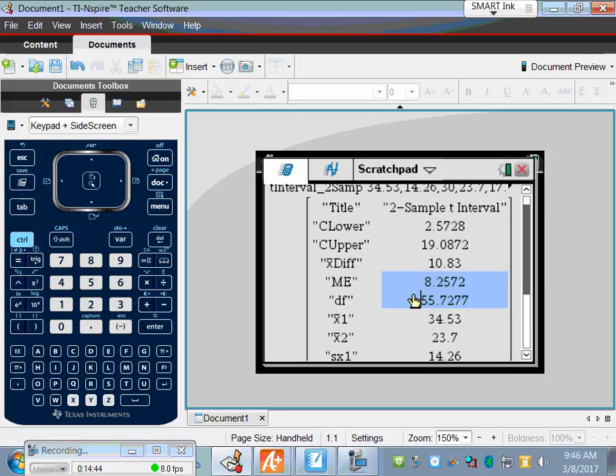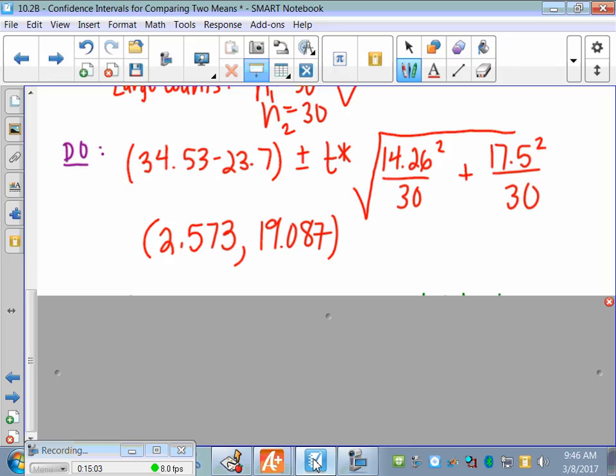You have to write down the degrees of freedom. You're going to get a different answer if you actually calculate it all out and use a different degrees of freedom. This degrees of freedom comes from that crazy formula I showed you yesterday that you don't need to know. And so you do want to write down that the degrees of freedom we used was 55.73 or something like that.